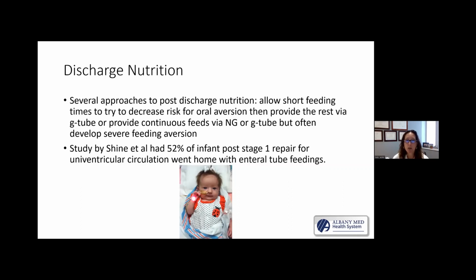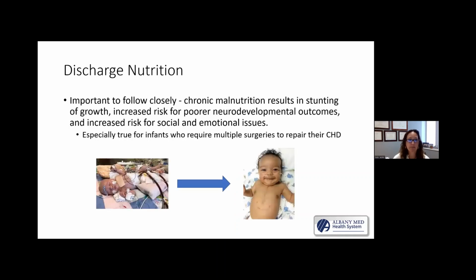So it's important to work with speech therapy as well as other providers to optimize their outcomes by working with the oral motor coordination and prevent some of this aversion. A study by Shine found that 52% of infants post-stage 1 repair for a univentricular circulation went home with enteral tube feedings. So again, if we can try to minimize some of these outcomes by early initiation of enteral feeds and early work with oral motor stimulation, potentially we can decrease this rate.